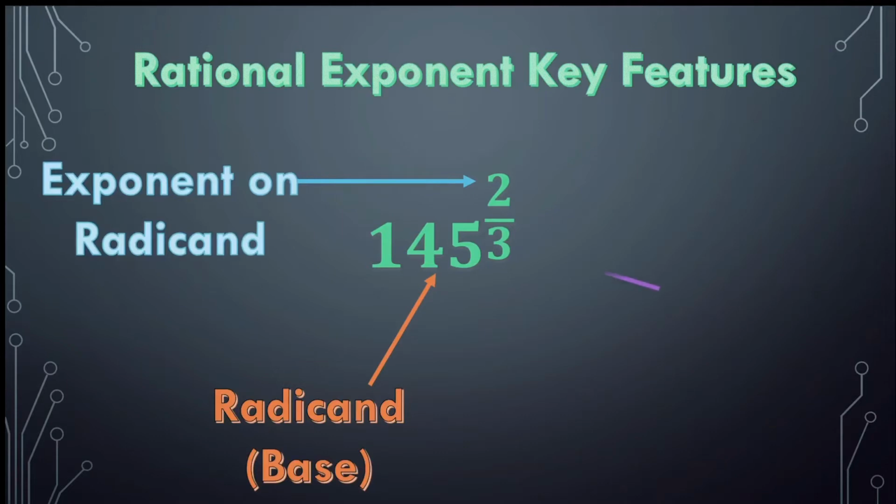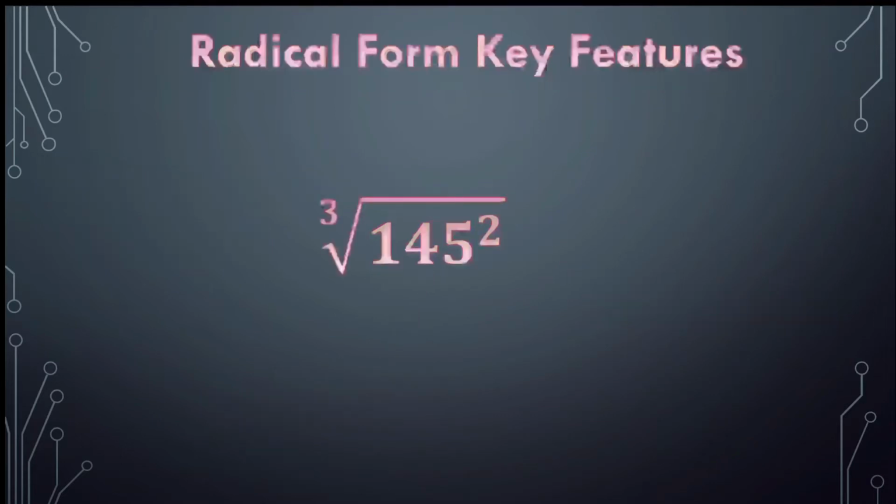Now the denominator is basically our root or our index. So I can take my power written this way, and I can rewrite it as a radical.